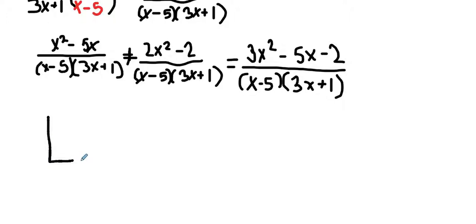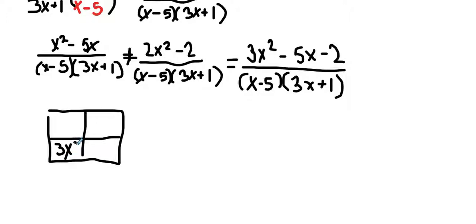So to factor, we use box and diamond. Three x squared, negative 2, negative 5x, and negative 6x squared.